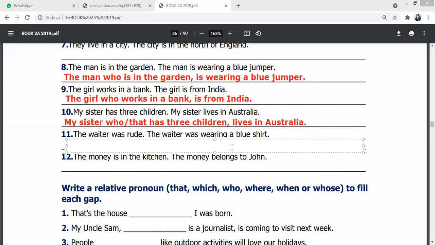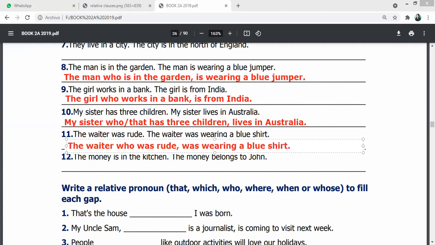No idea? Okay. The waiter, okay, thank you, Pablo. The waiter who was rude was wearing a blue shirt. Thank you so much.